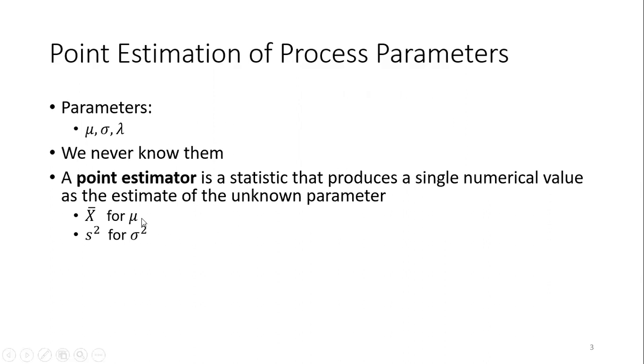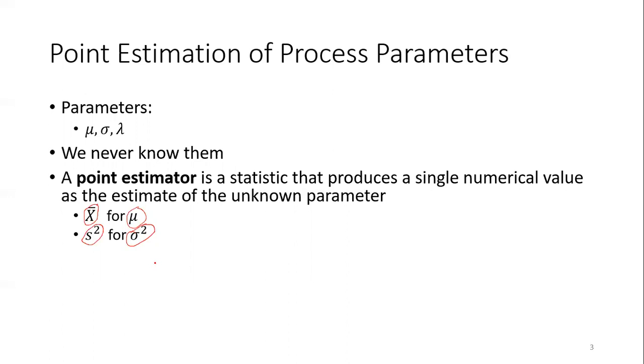Recall, we were using two important measures. One is the centrality, and we just use mu for the centrality. And the other one is the deviation around the center, which is sigma squared, the variance. So a point estimator for the centrality measure mu is x bar, and s square, which is the sample variance, is an estimator for the population variance sigma square.